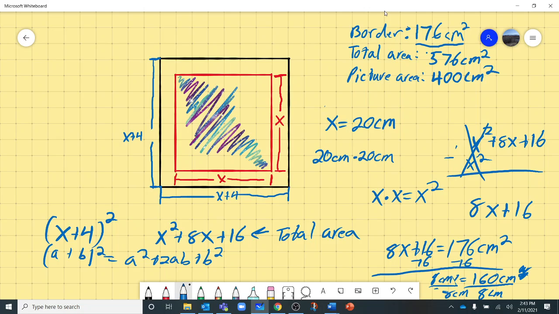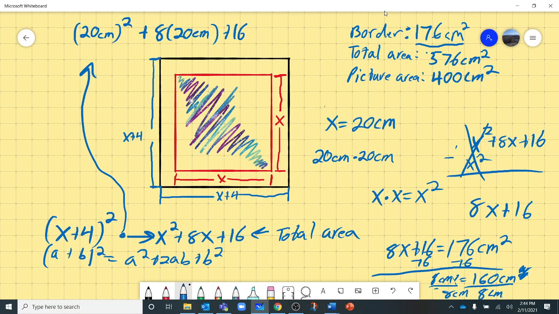So we have 20 centimeters squared, and I'm using this equation right here, but I'm plugging in 20 centimeters for my x. So I have 20 centimeters squared plus 8 times 20 centimeters plus 16. That had better be in centimeters because otherwise we're going to end up with something that doesn't make any sense.